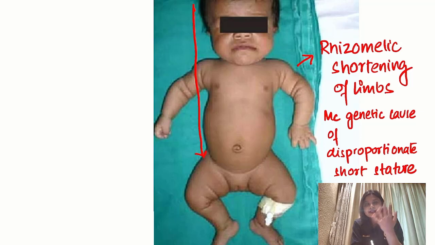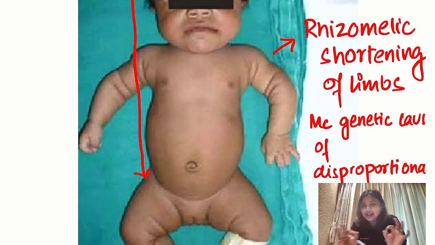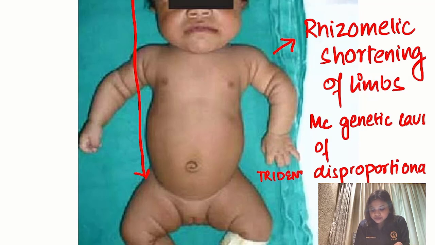Again, look at the hands. Here it is not much visible, but there is usually a gap between the third and the fourth finger and the first and the second finger, right? This pattern of hand is known as trident hand.